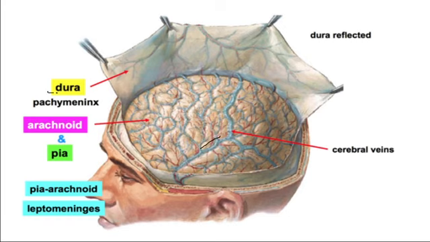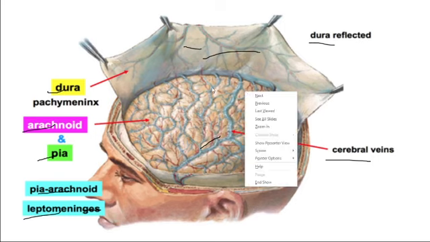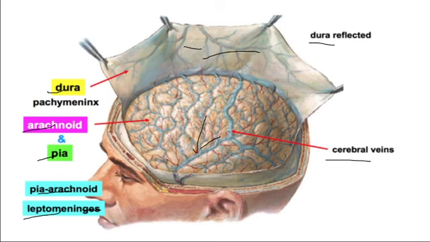We have dura mater, we have arachnoid mater, we have pia mater, we have leptomeninges, which are the meninges that cover the brain. This is cerebral vein. So this one shows you the matters of all the brains. So this is section of the brain. If you are going to be a neurologist, this is what you are likely to be seeing in your life by the time you start doing your job.